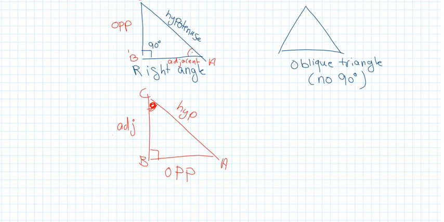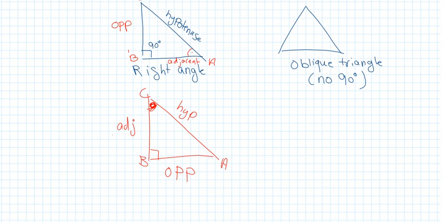Now, why do I need to name them this way? Because there's three formulas, technically there's 4, but 3 that uses the opposite, adjacent, and hypotenuse to solve a right angle triangle. We call them the primary trigonometric ratios. Have you guys heard of the primary trig ratios before? Or trig ratios? How about SOHCAHTOA?